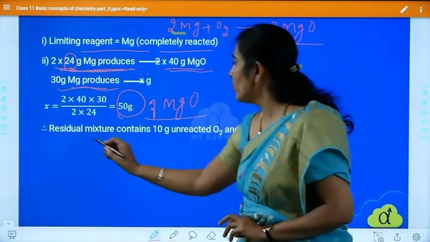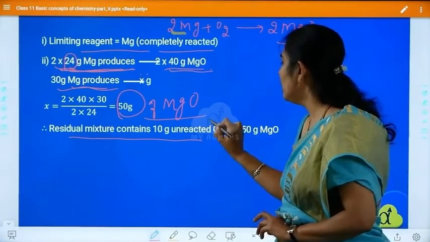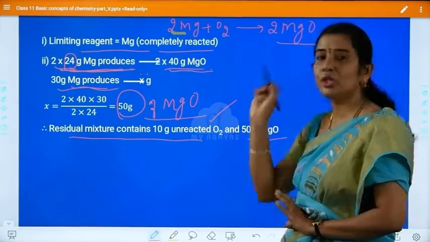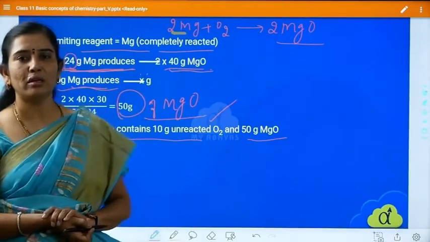Okay, so here this residual mixture contains 10 gram of oxygen as unreacted and 50 gram of magnesium oxide. See, like this you can do residual analysis.